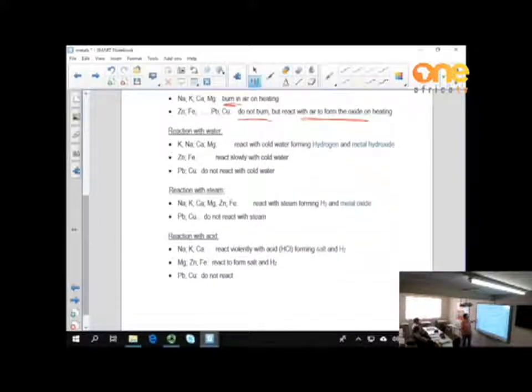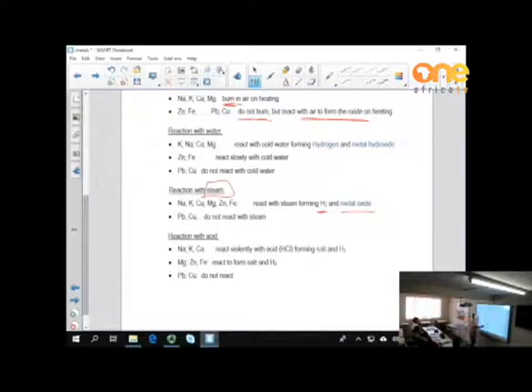If we look at the reaction of these metals with steam in comparison to the reaction of metals with cold water, we find that sodium, potassium, calcium, magnesium, zinc, iron react fairly easily with steam. The products that are formed are hydrogen and the metal oxide.